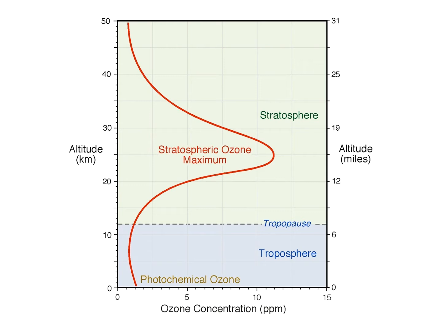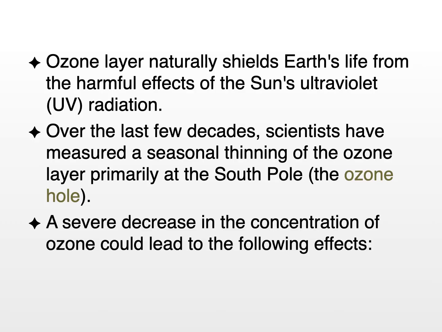That ozone is created from a variety of different industrial and human activity type processes. The ozone layer naturally shields living things on the Earth from ultraviolet radiation. So the sun's ultraviolet radiation can be harmful. It can have a number of negative effects.